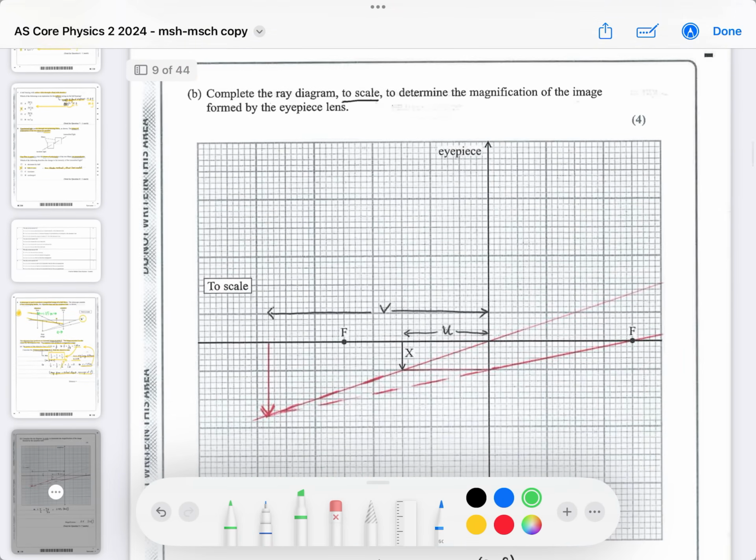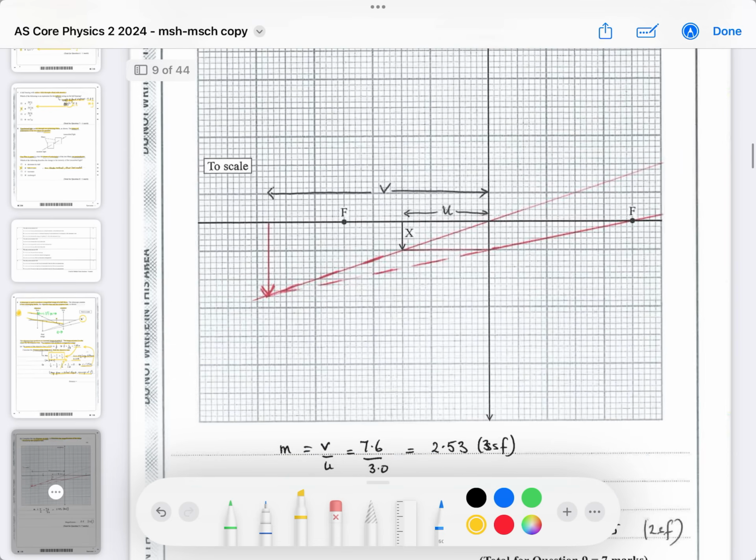Now they want you to complete the ray diagram to scale to determine the magnification of the image formed by the eyepiece lens. Okay, so we know that we want to find V, as I've drawn it.